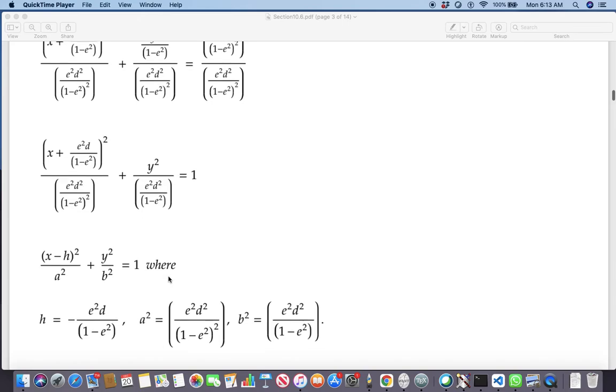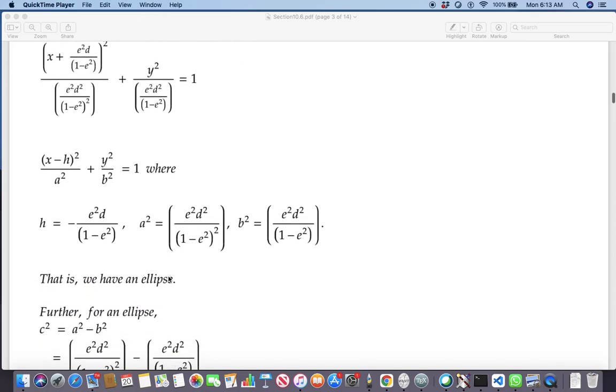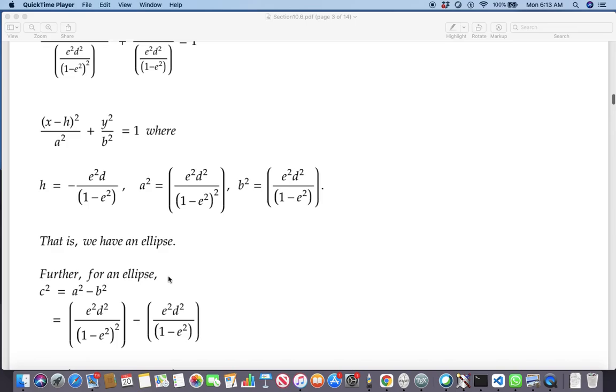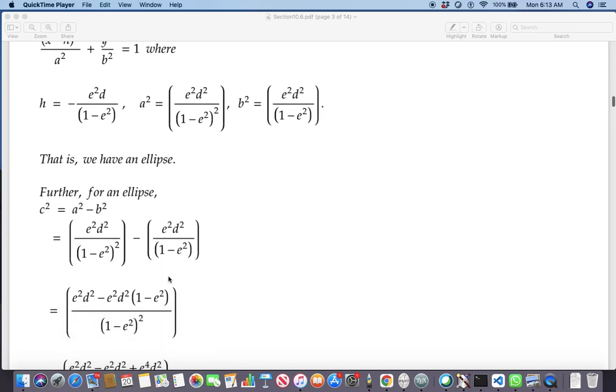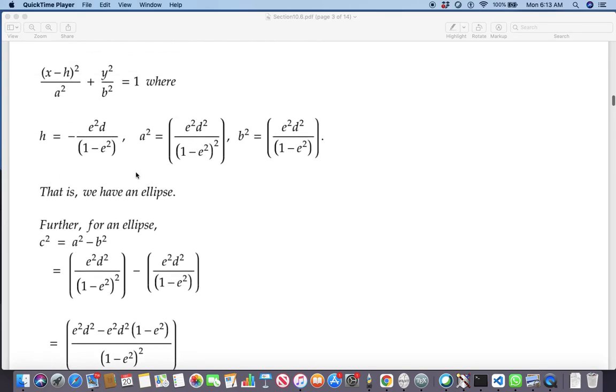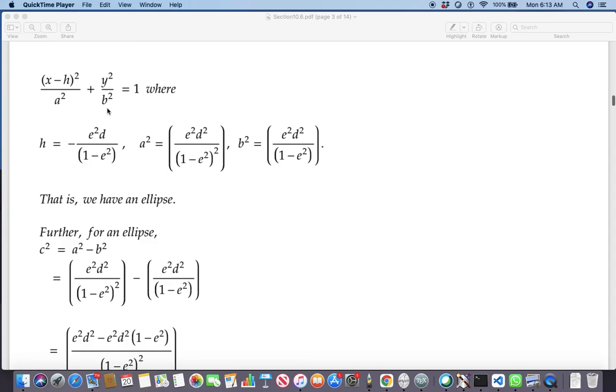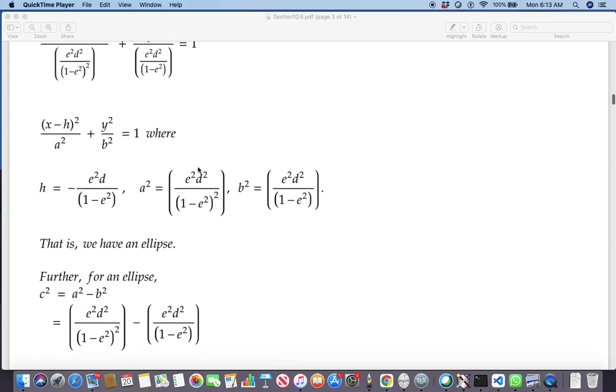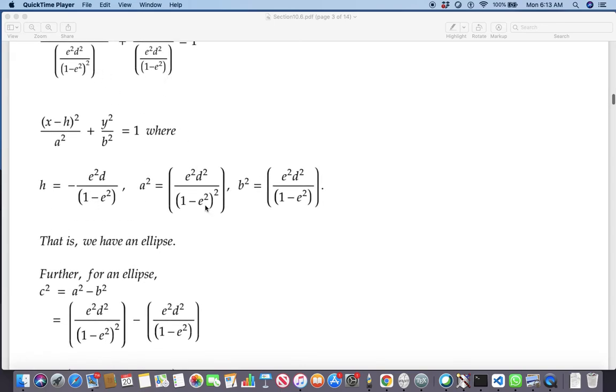For an ellipse, c squared is a squared minus b squared. So that's a, that's b.